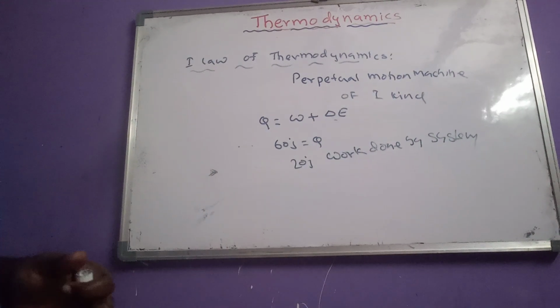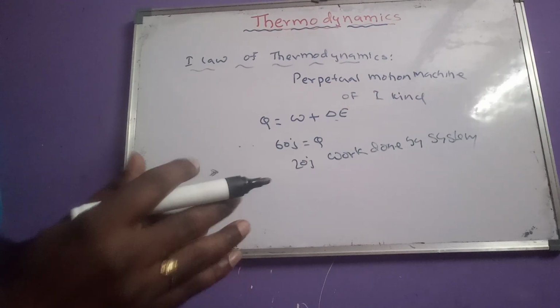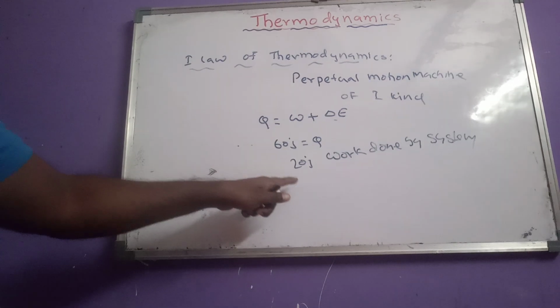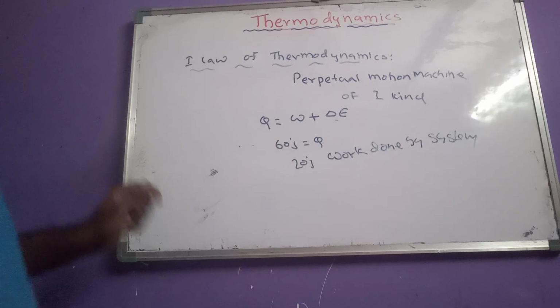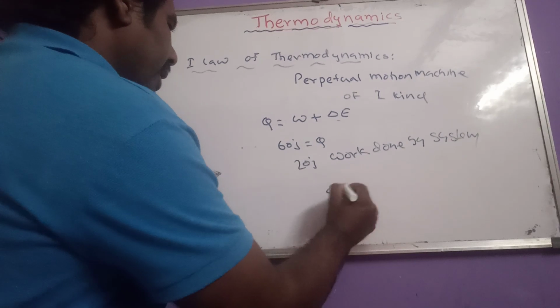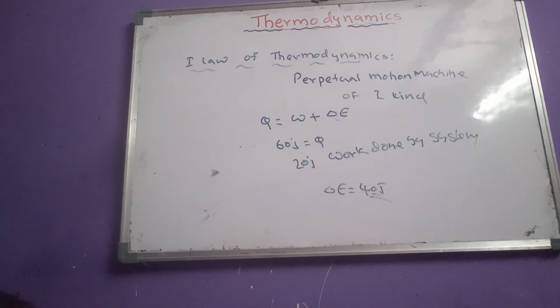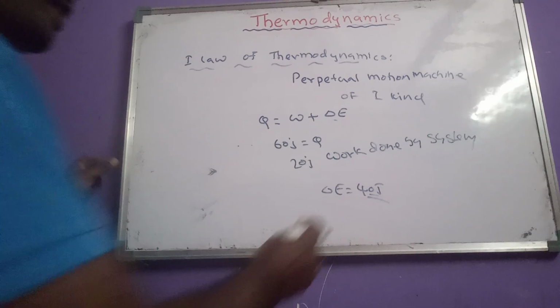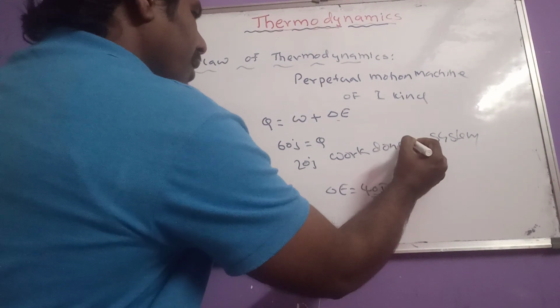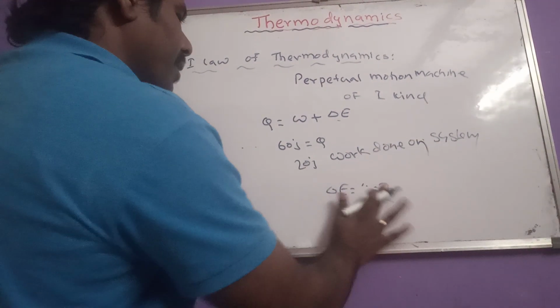Work done by the system means we have to consider it as a loss. That means from 60 we have to remove 20 joules. Now the net change in internal energy is 40 joules.